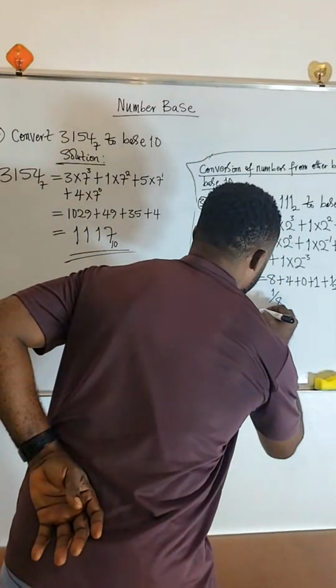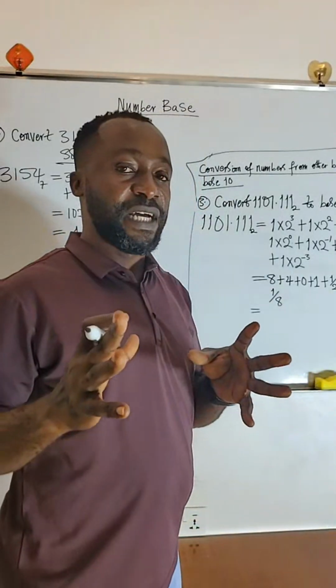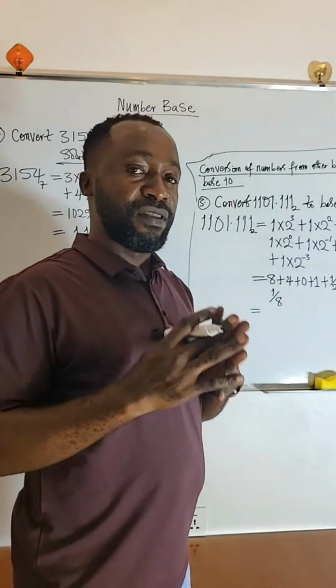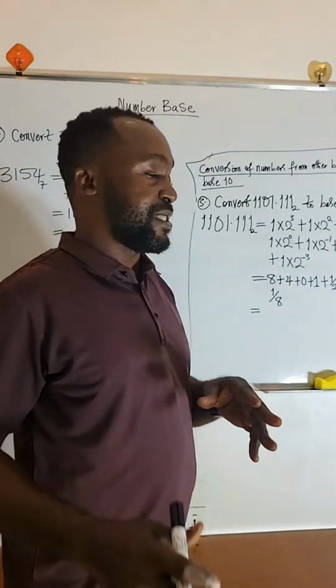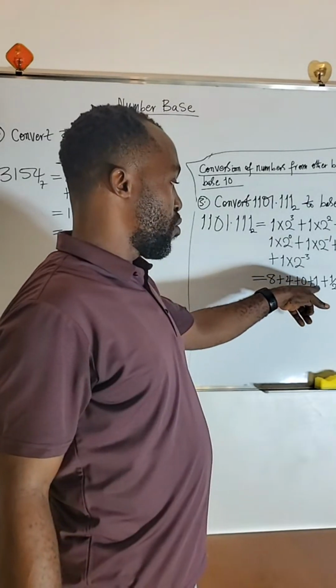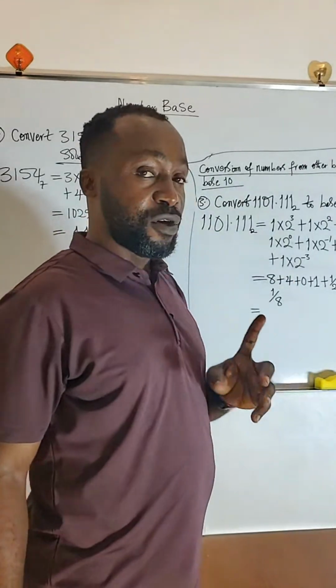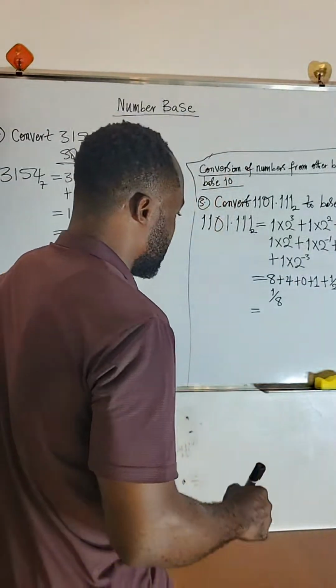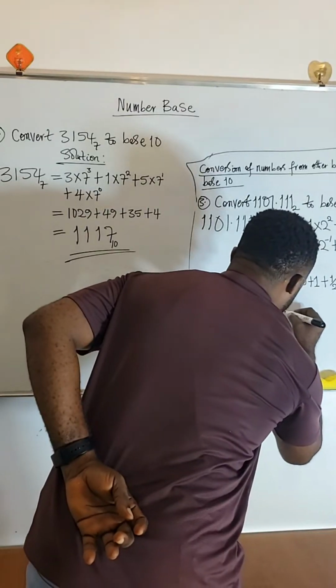And so let's add everything up. Let's first attend to the integer parts, which is the whole number parts. So you have 8 plus 4 plus 1. So 8 plus 5 is going to give you 13.